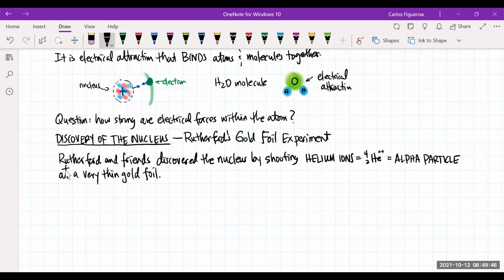Now, I don't know if you've ever played with gold foil. Gold foil is extremely thin. I mean, if you blow too hard, you will rip it. It's that big of a deal, okay? So you will literally rip it if you blow too hard. So here's the setup for the experiment.